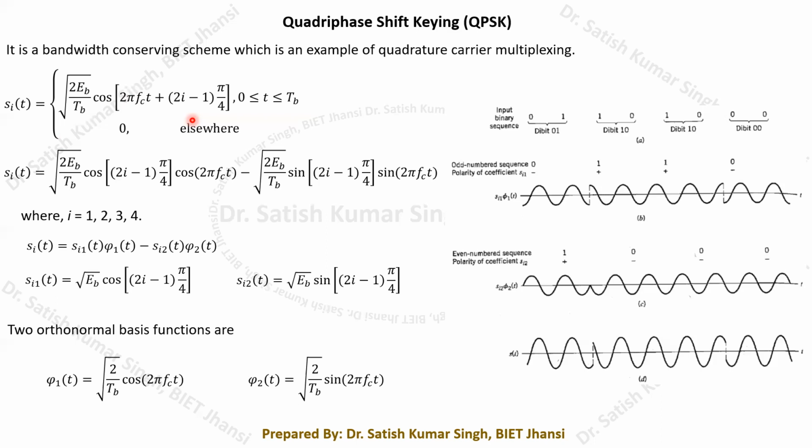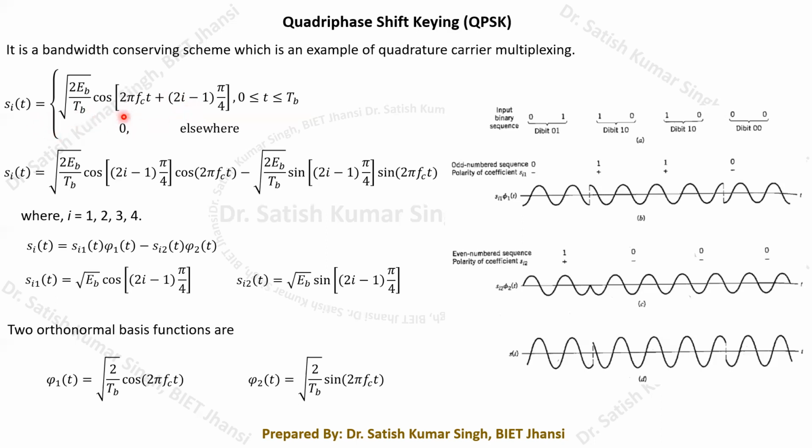So basically, there are a total of 4 phases of this carrier corresponding to different values of I. Those phases are nothing but pi by 4, 3 pi by 4, 5 pi by 4, and 7 pi by 4.